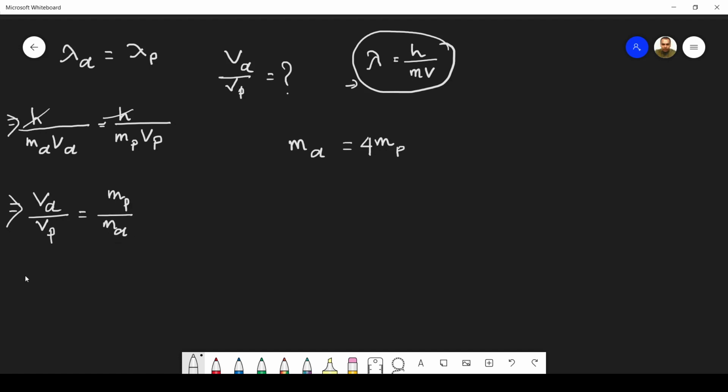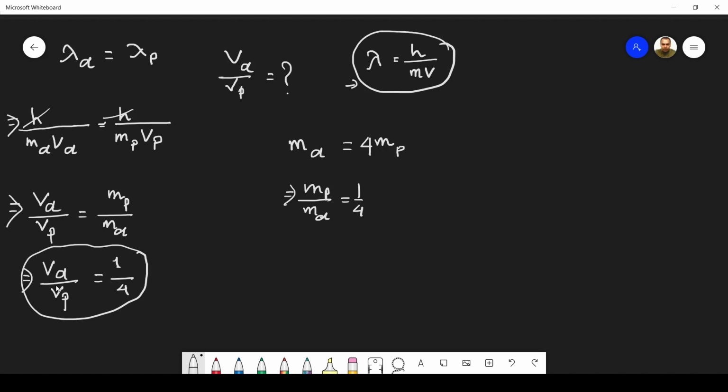So v alpha divided by vp is equal to mp by m alpha, which is equal to 1 divided by 4. This is the ratio of the velocity of the alpha particle and the proton, that is 1 divided by 4.